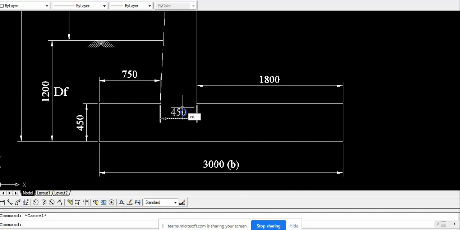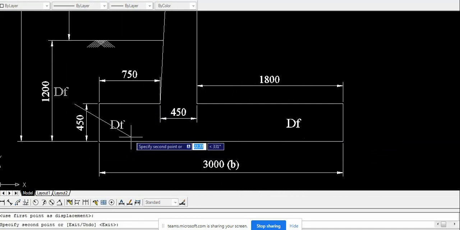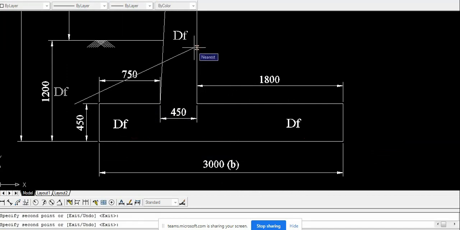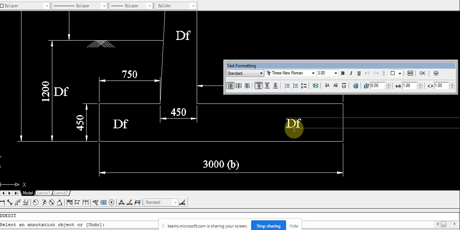I can write it like this, for still more clarity, this part and this part.